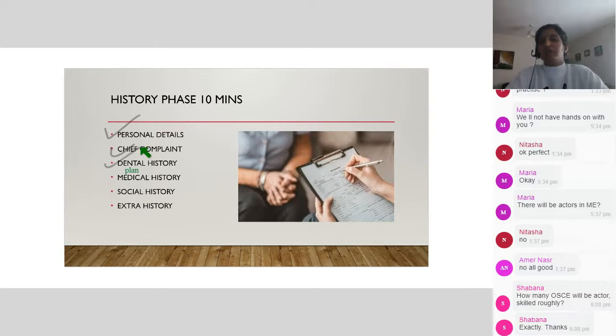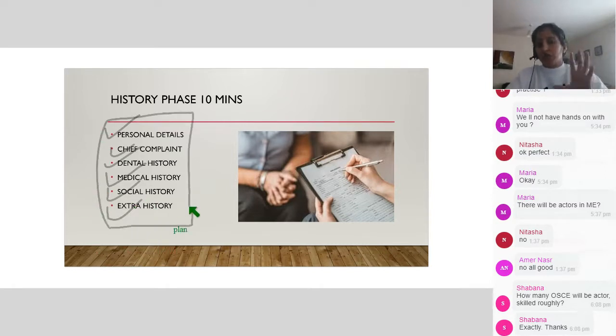Then you ask some questions about the patient's dental history, medical history, social history, extra history. Okay. So we will give you a full questionnaire for all your history questions. Now the point is in LDS you get a plain sheet of paper. In ORE you have a template. So again it is easy because you don't have to memorize that. In LDS you don't have a template.